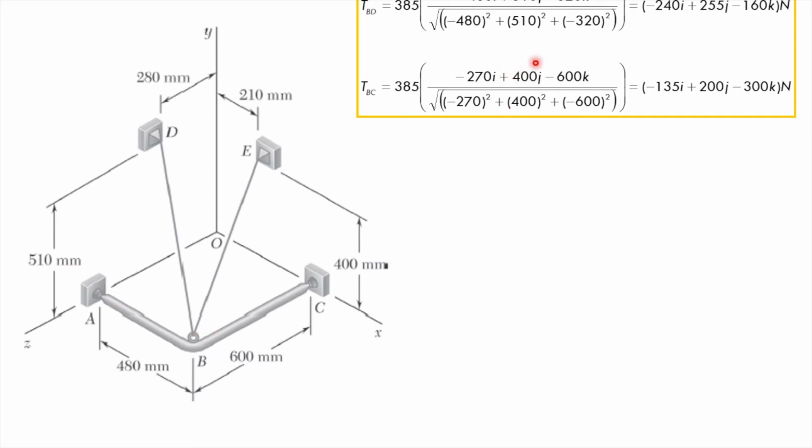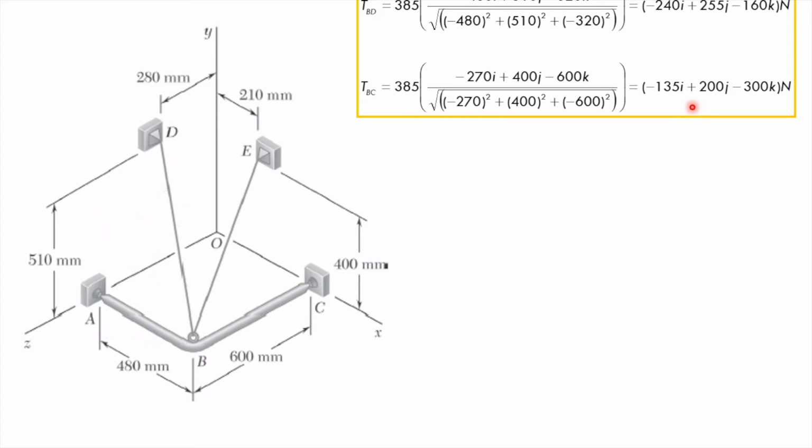Then positive 400j, the length from the origin to the y-axis, 400 towards positive, and then negative 600k. That means this whole length is negative 600, because it's from here to here. So we compute, we got this value. And then how they do the calculation.